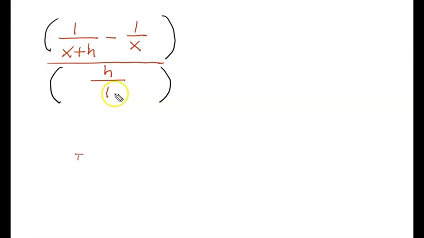Now, if this was other than a 1, we'd have to include that there. So we're going to multiply this by x plus h and an x. So if we did it there, we must do it here as well. This is going to be a 1, x plus h, x.